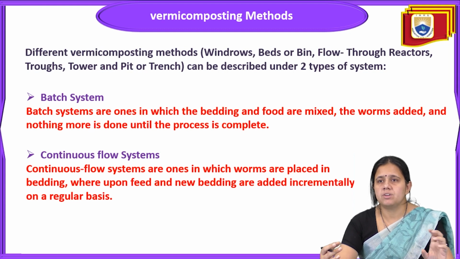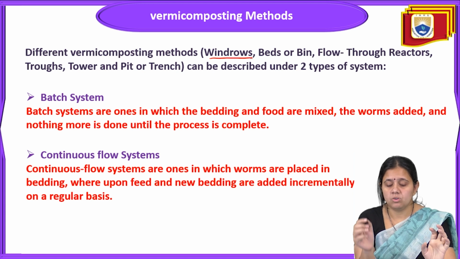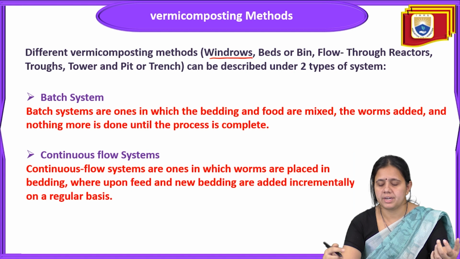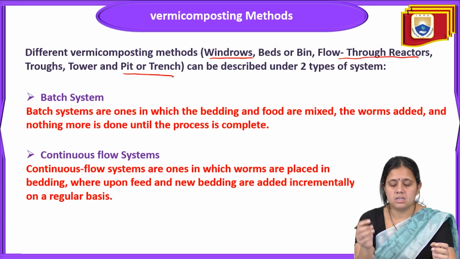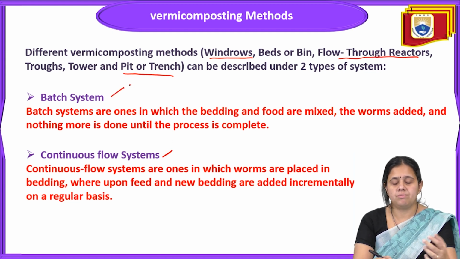So basically windrow methods are there, beds or bins are there, flow through reactors are there. These are the methods. And troughs are there, towers, pits or trenches are there. And all these methods are basically divided into two types. First one is the batch system, and second is the continuous flow system.